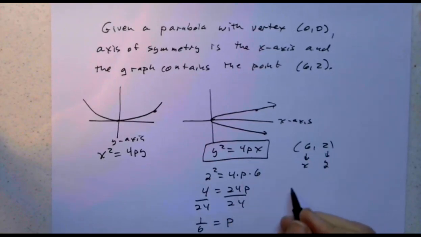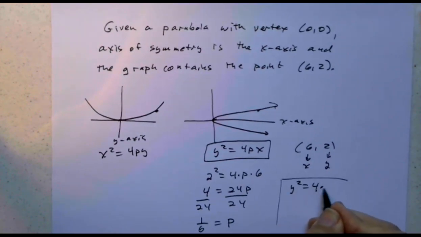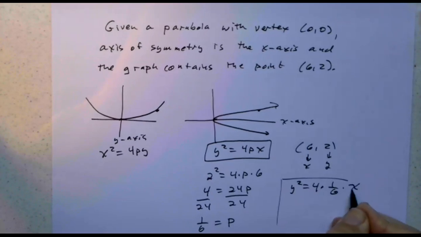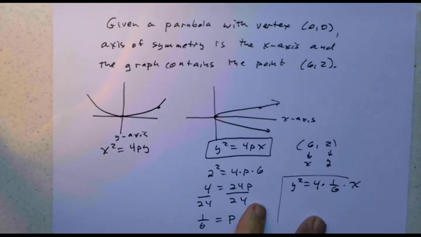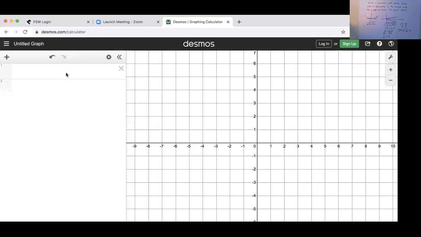So knowing that, plugging that in, I believe my equation is y squared equals 4 times 1/6 times x. I'm going to go ahead and graph it first, just to check to make sure it really does go through that point 6, 2. So at this point, I'm going to jump to Desmos. We're going to take a look at it.